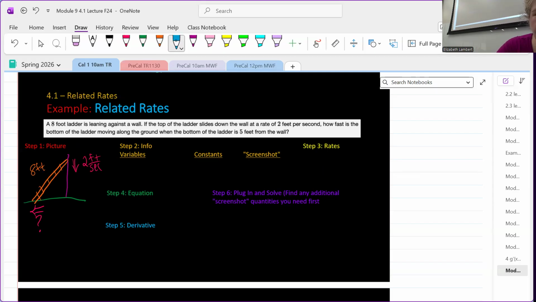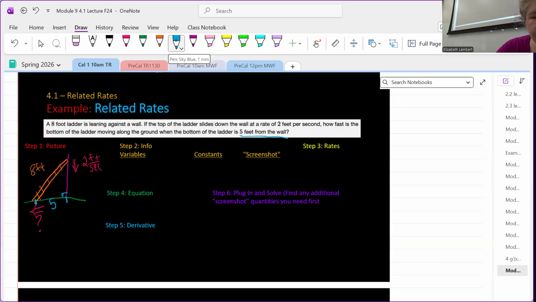And then our snapshot is, they say when the bottom of the ladder is 5 feet from the wall. So we have that 5-foot mark from the wall to the bottom of the ladder. And I know the ladder itself is 8 feet long.